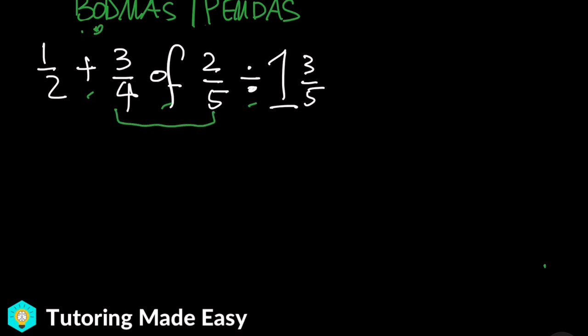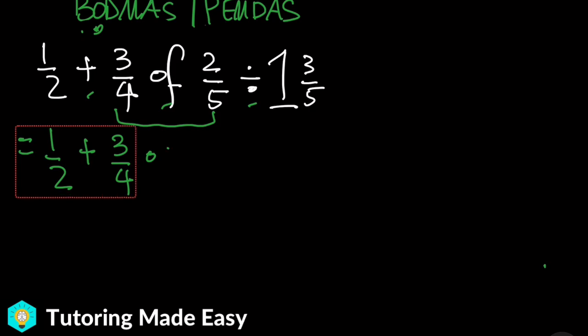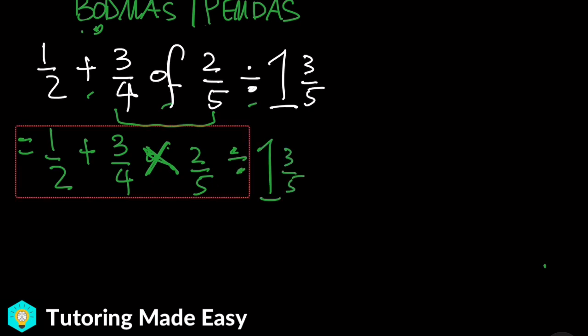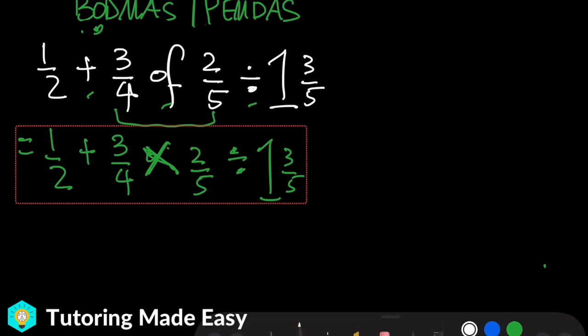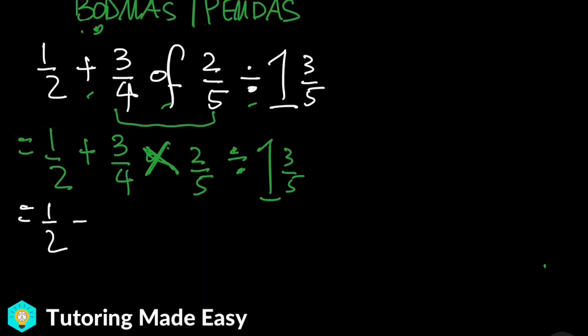Can you see that? So it is equal to half plus 3 over 4 of, which means multiplication, 2 over 5. So we're going to do that one first, divided by one whole number 3 over 5. All right. So we're going to do the one in the middle first because that's the of one. So we're still going to repeat half plus what?